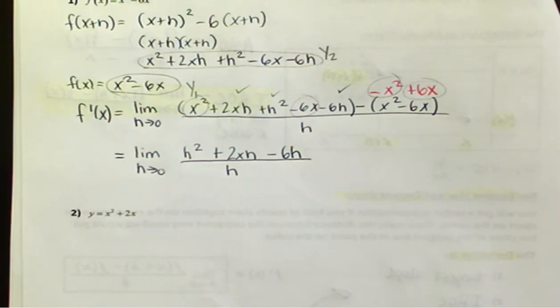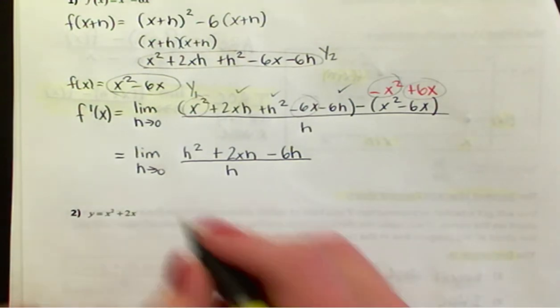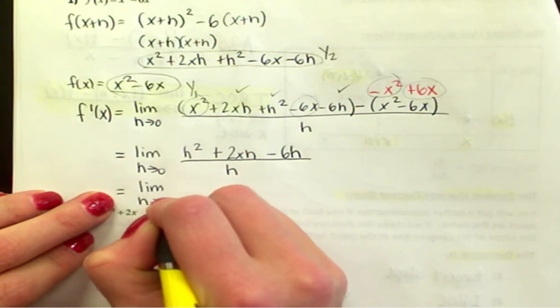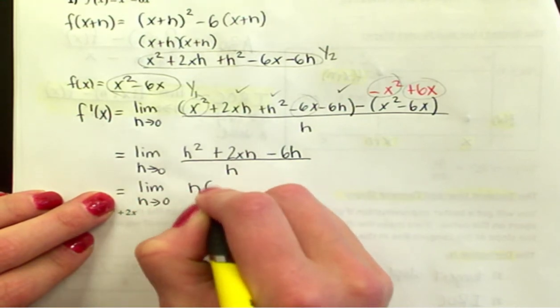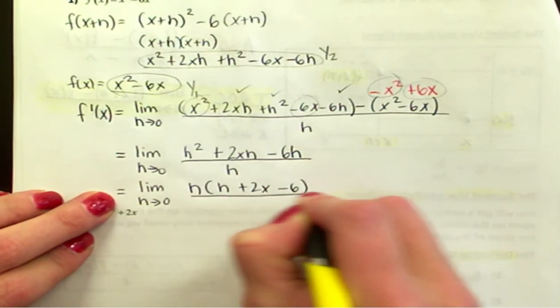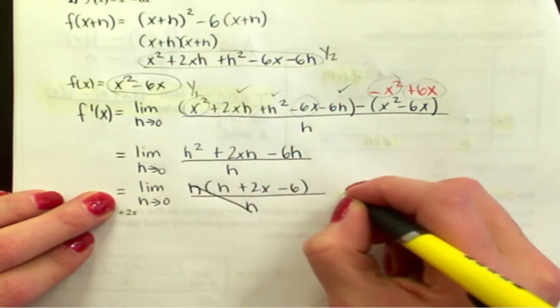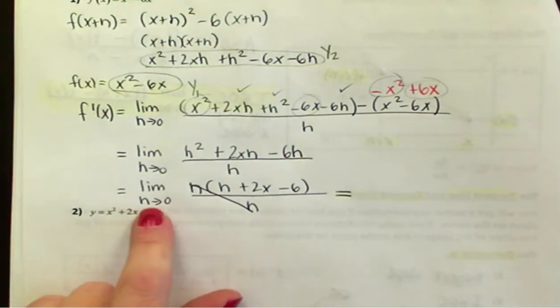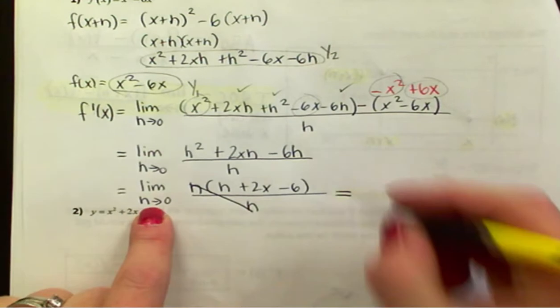The h is still going to factor out. Okay, factor that h out. Okay, I wrote a little bit big, but I think I can do it. Okay, equals. I'm ready to plug in 0 for h.